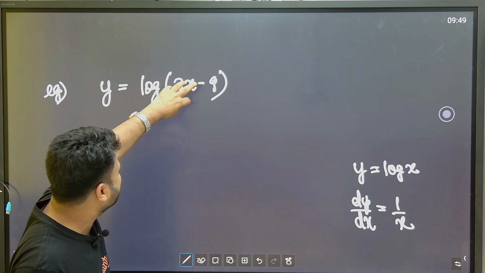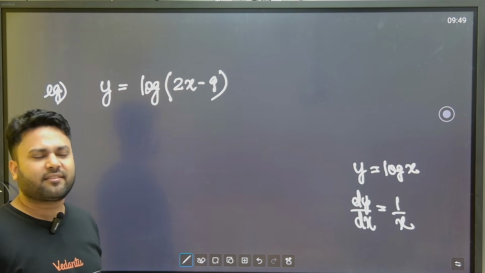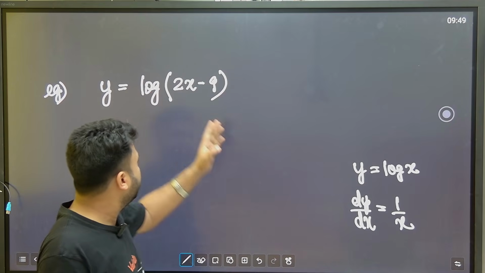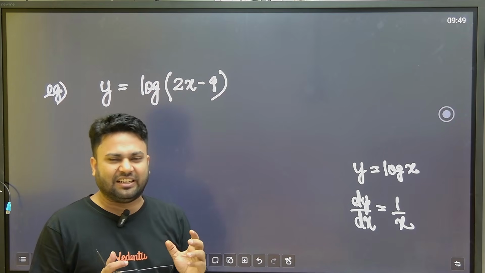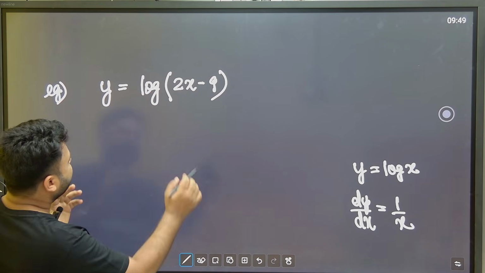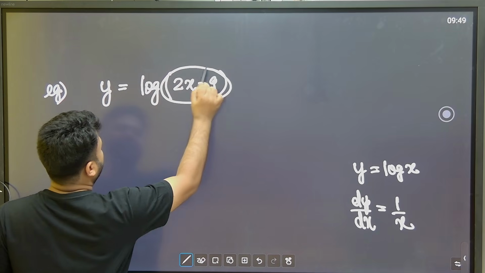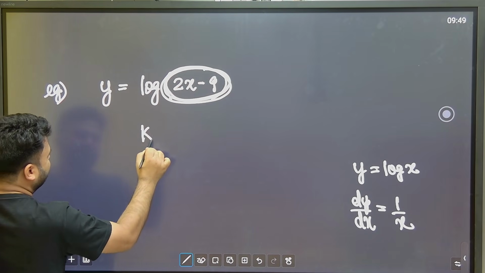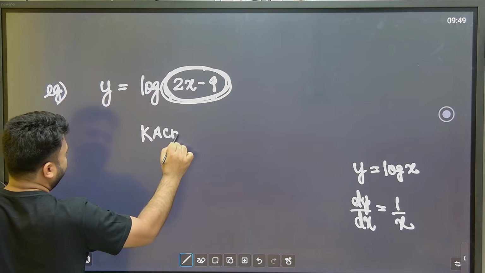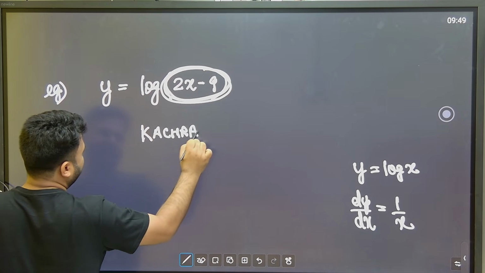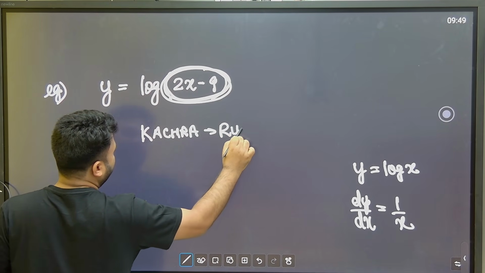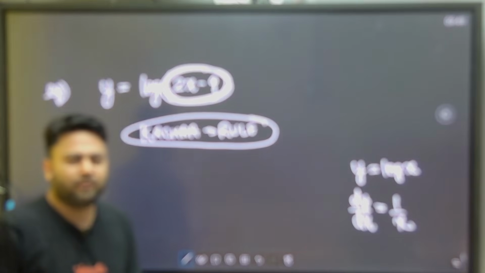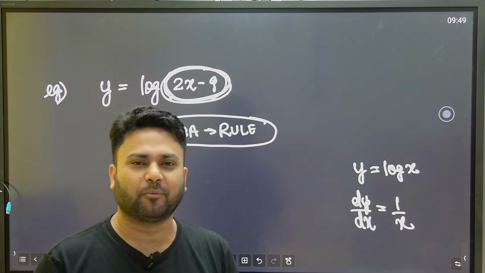I mean, this 2x minus 9 is there. If x was there, the answer would be 1 by x, clear. But 2x minus 9 is there. Little bit messy. So that's why I call this Kachada rule. You will not see this Kachada word in your books.